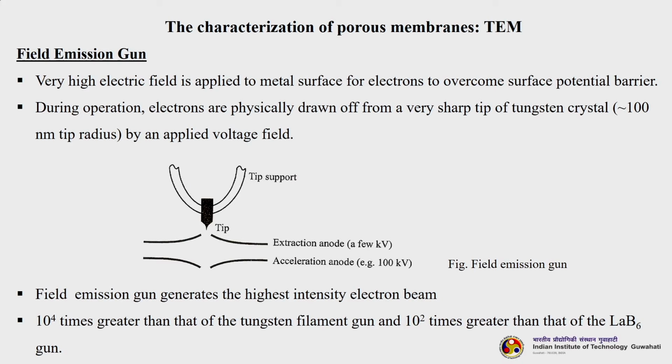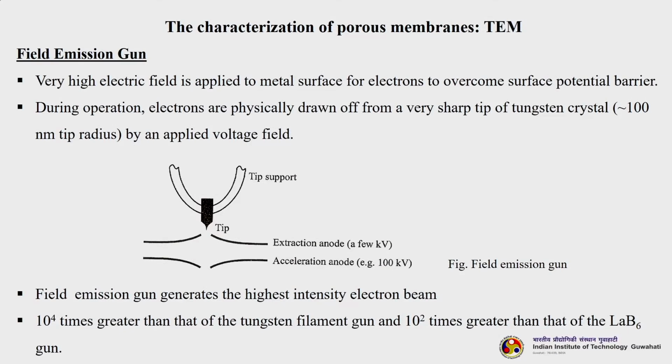Then let us understand what a field emission gun is. A very high electric field is applied to a metal surface for electrons to overcome the surface potential barrier. The difference between the field emission gun and the thermionic gun is that in the thermionic gun you need to supply more energy or temperature to the cathode so that it overcomes the surface potential barrier and the electrons get released.